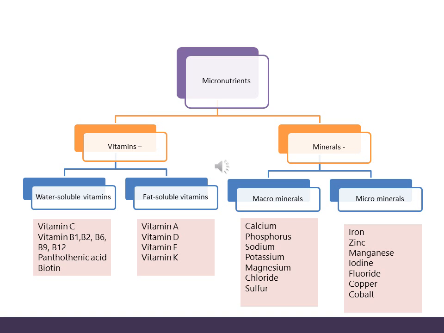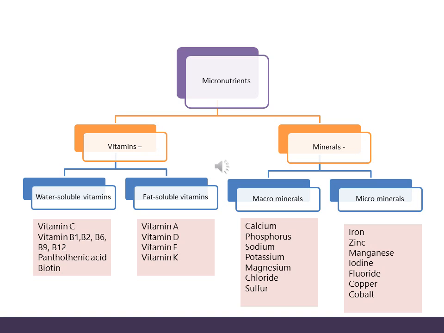When we speak of vitamins, there are two types: water-soluble vitamins and fat-soluble vitamins. What is the difference between the two? The water-soluble vitamins include vitamin C, vitamin B complex, B1, B2, B3, B6, B9, and B12.